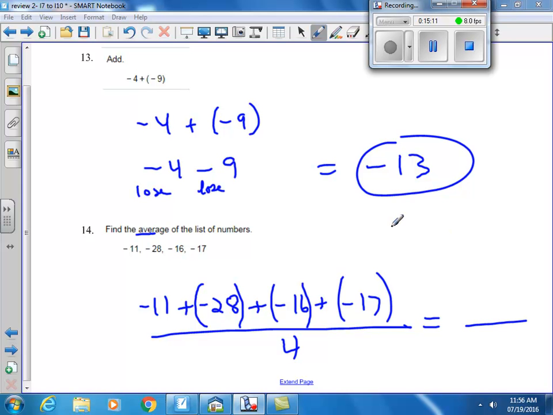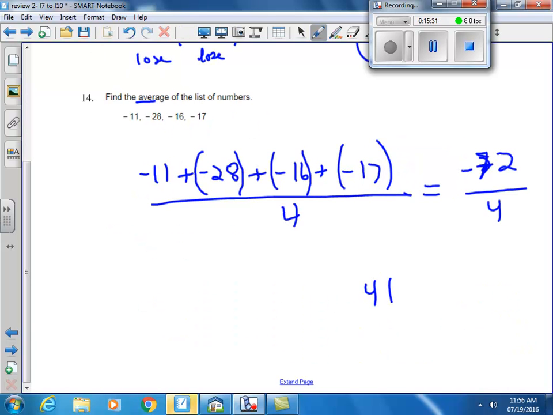So let's just take 11 plus 28 plus 16 plus 17, and we have a 72, but it's an overall loss of 72, over 4. And then we can perform that division. We can take 4 into 72.